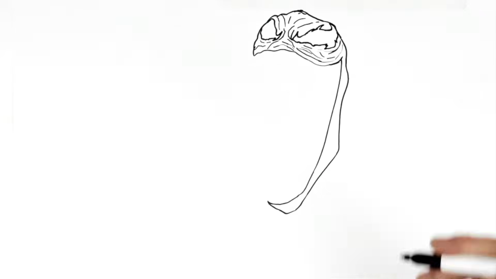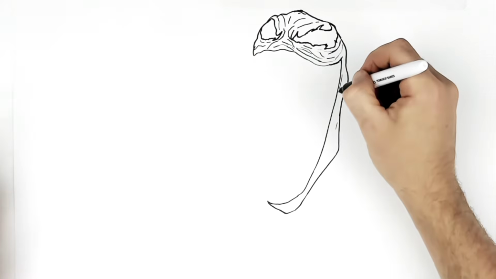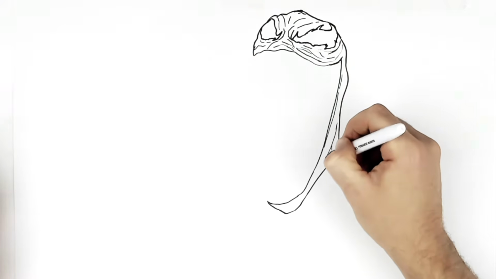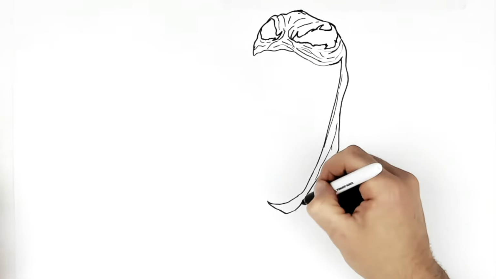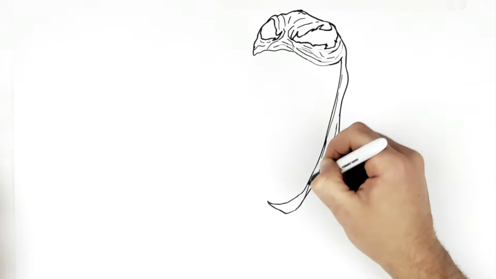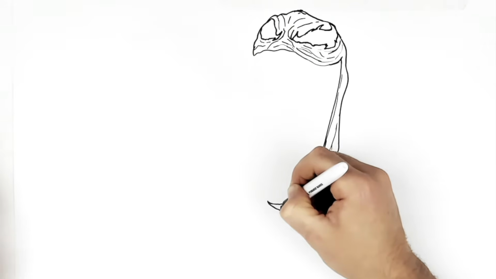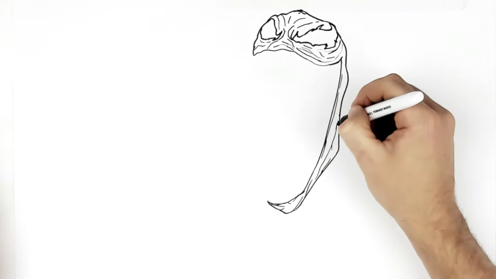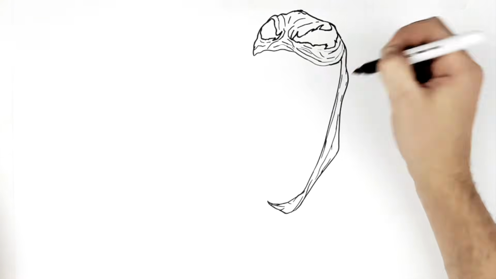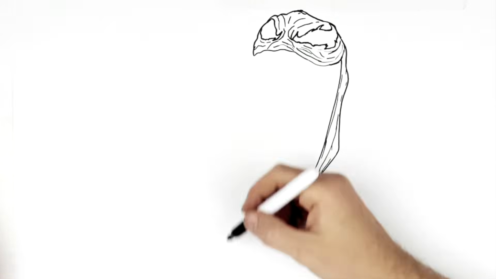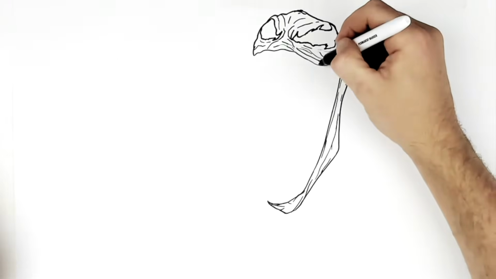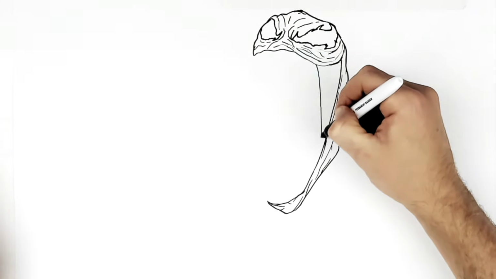Okay, and then on his jaw, maybe some stretch lines. Like so. So then we have that pink sort of gum line, right? So he's got like that, it's kind of like a dinosaur.